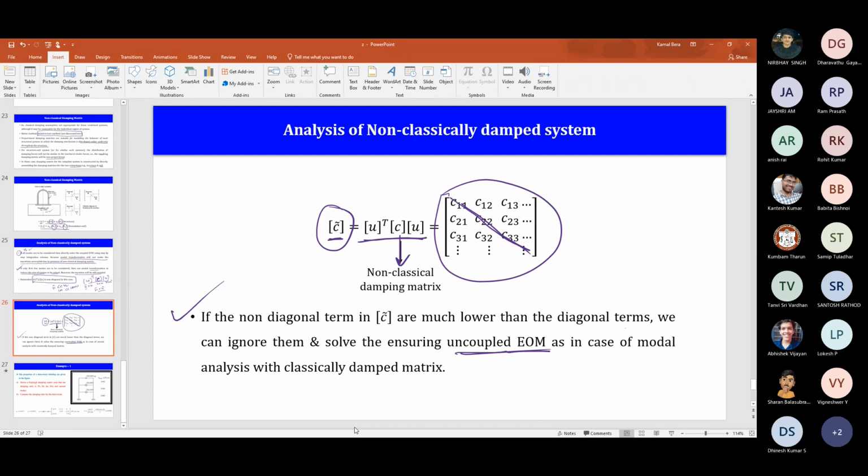Then it is a simple analysis. There is a lot to learn in modal damping, and people are still doing research on how to estimate damping or what could be a better damping model.